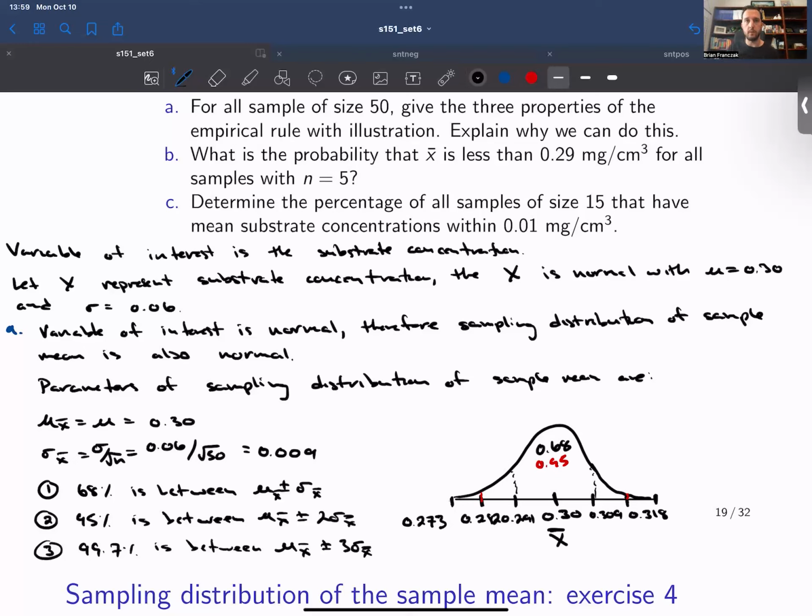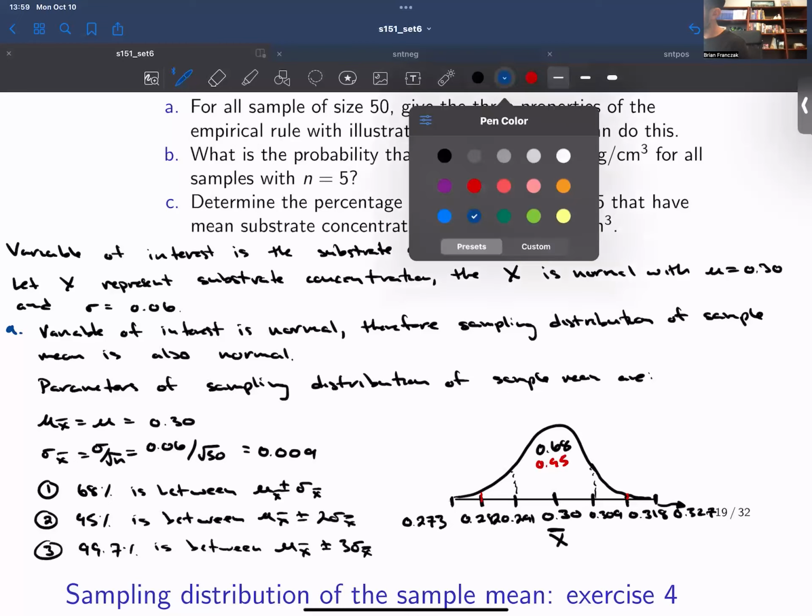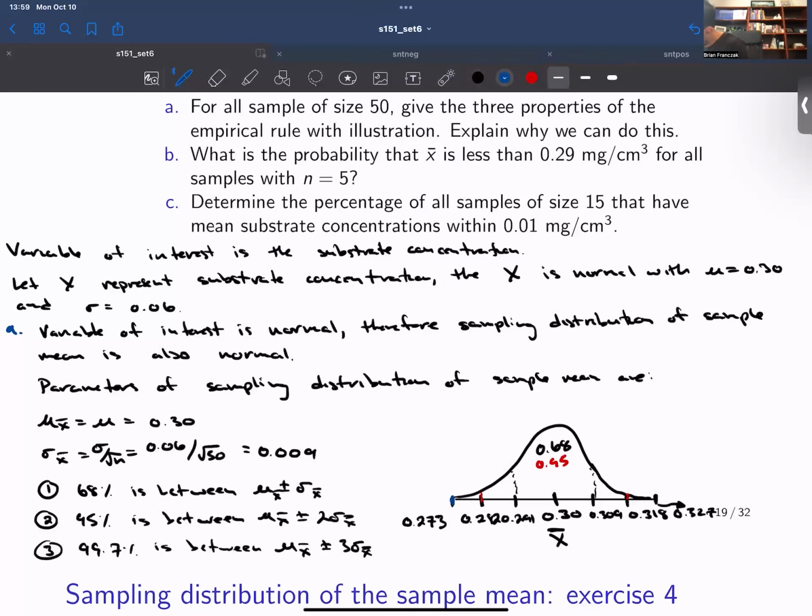And 0.327 on the upper end. All right, and then between those 2 points, so I'll use the blue lines here to mark that. That's going to be the 0.997. All right, so this is a rough illustration of the sampling distribution of the sample mean.